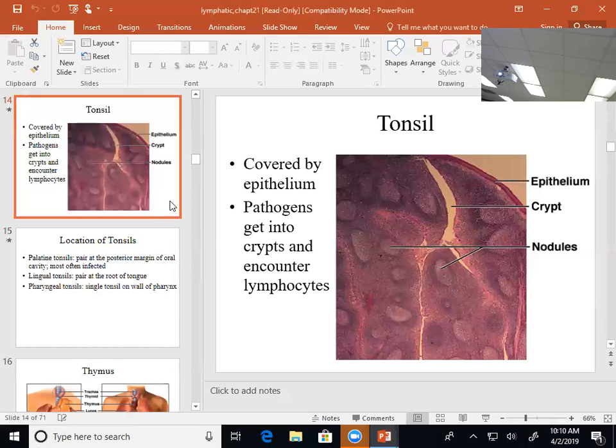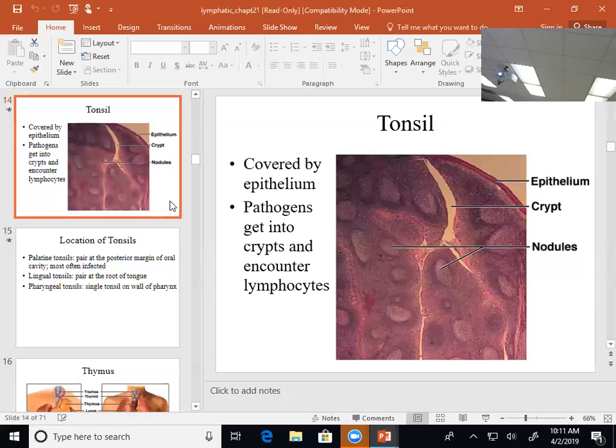Because what ENTs would mostly tell you is that these tonsils are one of our first lines of defense. They're doing an amazing job, and they usually are doing a perfect job. But every now and then, they're overwhelmed, and then you have tonsillitis, which literally means inflammation of the tonsils. Repeated inflammation and swelling of the tonsils can cause the tonsils to almost necrose.